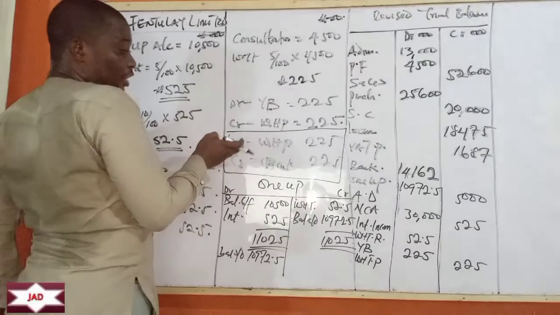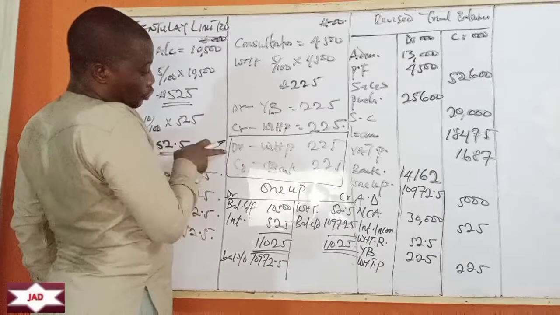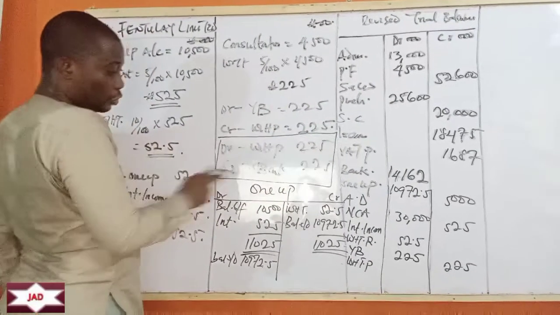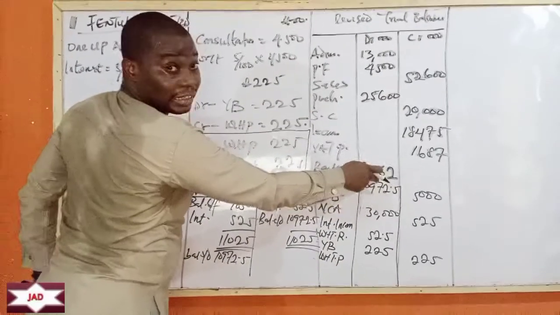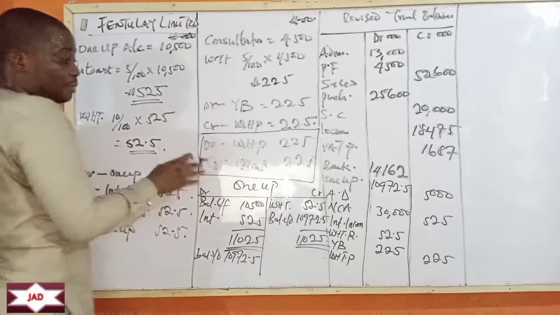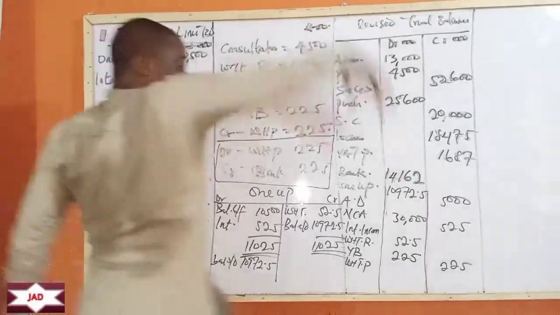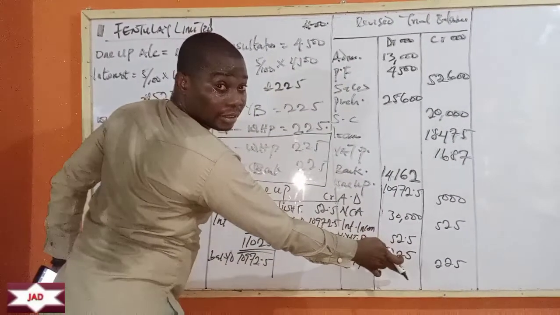Okay, so of course, if you want to adjust for it as though you remitted in the same month, then that means that you're debiting withholding tax payable with 225, which will nil off this, and then you're going to credit your bank with 225, which will reduce your bank account here. So you have to draw another ledger if you want to put this in the extended trial balance. But because practically you're going to be remitting the following month, it means that in this month that we're reporting, this cannot be part of the trial balance.